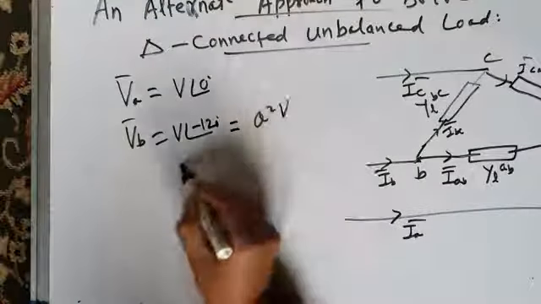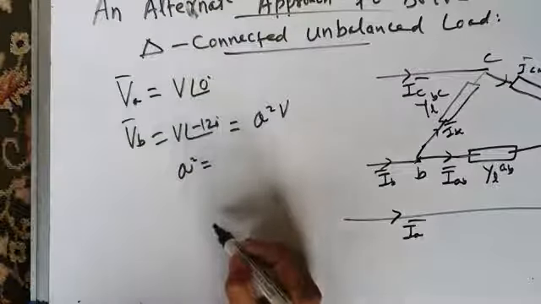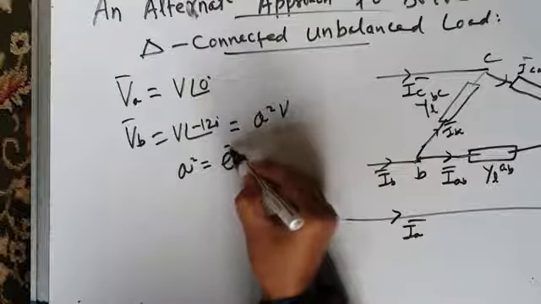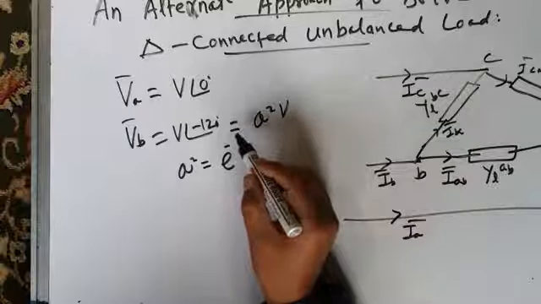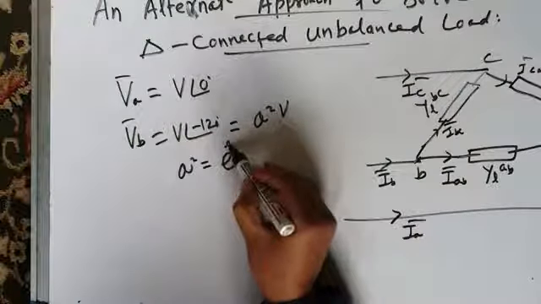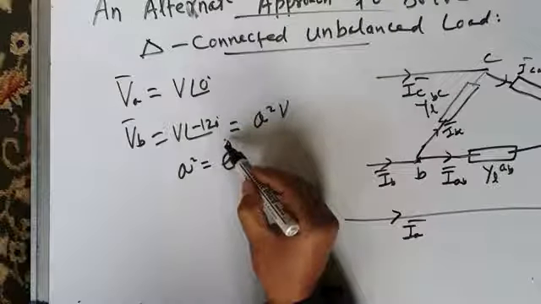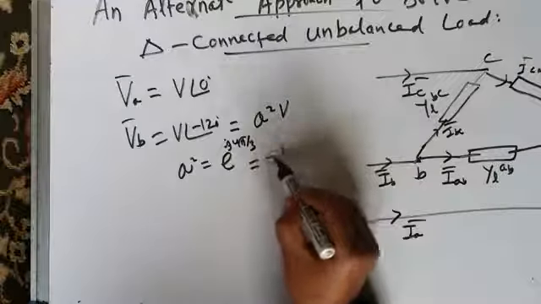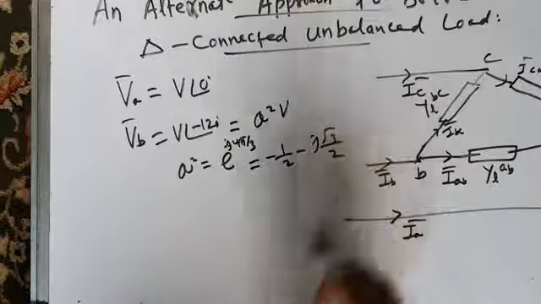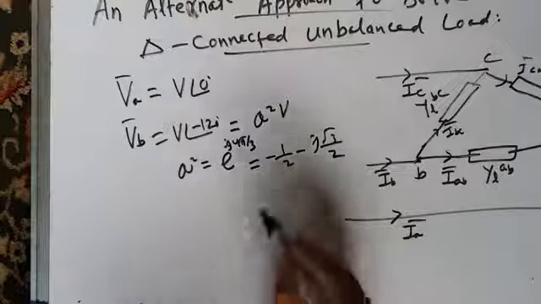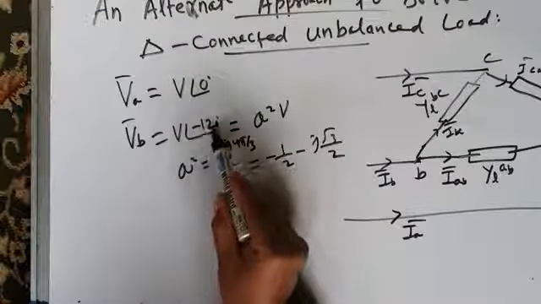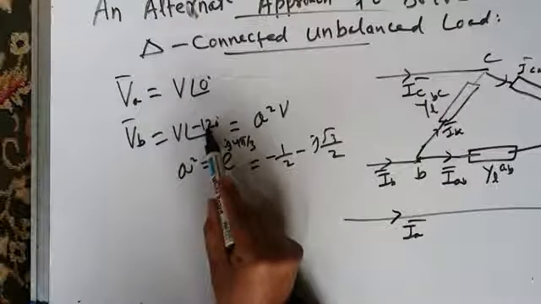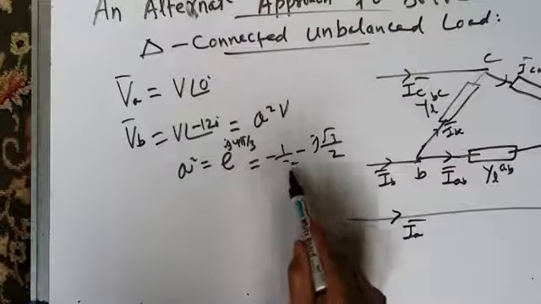We defined A square as e raised to the power minus j 4 pi by 3, and that was equal to minus 1 by 2 minus j root 3 by 2. That is equal to cos minus 120 degrees plus j sine minus 120 degrees.